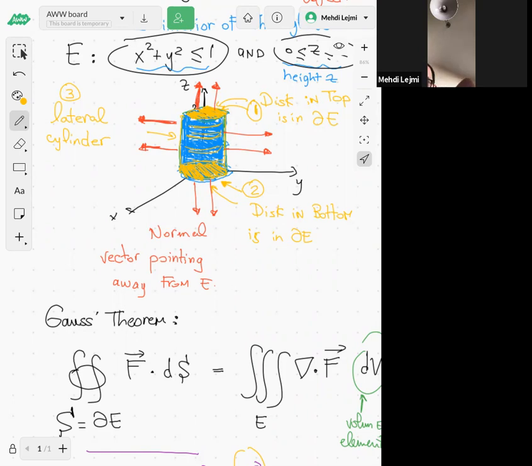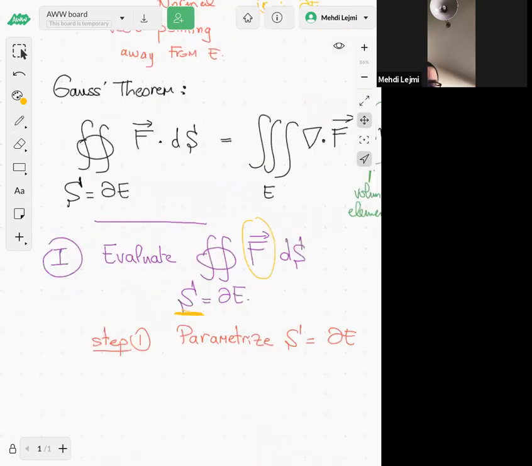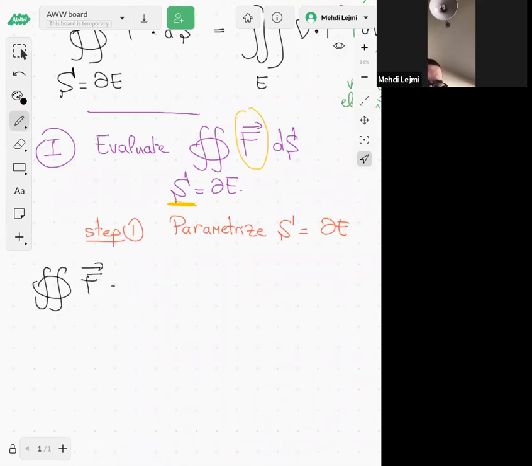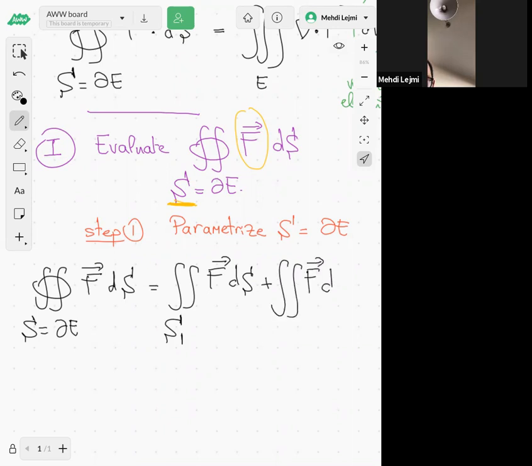So what we are saying, guys, is that this double integral along the boundary is equal to the vector surface integral of F along the first piece of the boundary, S1, plus the vector surface integral along the second piece of the boundary, plus the vector surface integral over the third piece of the boundary.